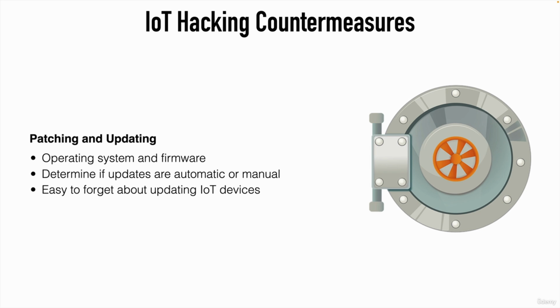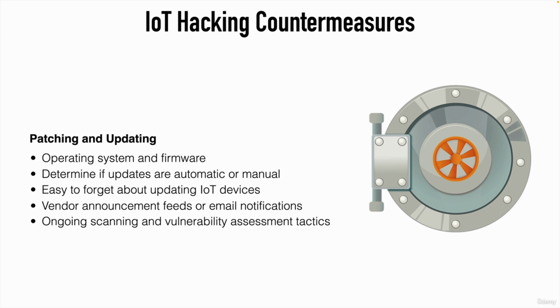Those are devices that we look at often, and we will receive alerts for updates. We may not get those types of notifications on our IoT devices, so we need to be aware of this. For that reason, you want to subscribe to things like vendor feeds or vendor emails to receive any update news regarding a particular device. Also, our periodic ongoing scanning procedures will help here as well. This will allow us to identify any new vulnerabilities found in our solutions that may need to be addressed.